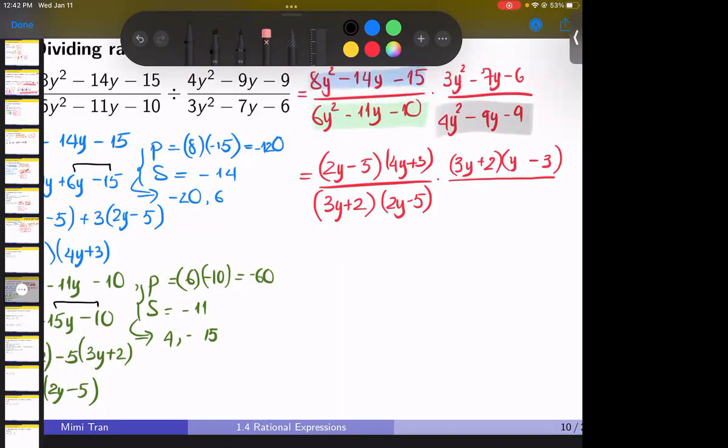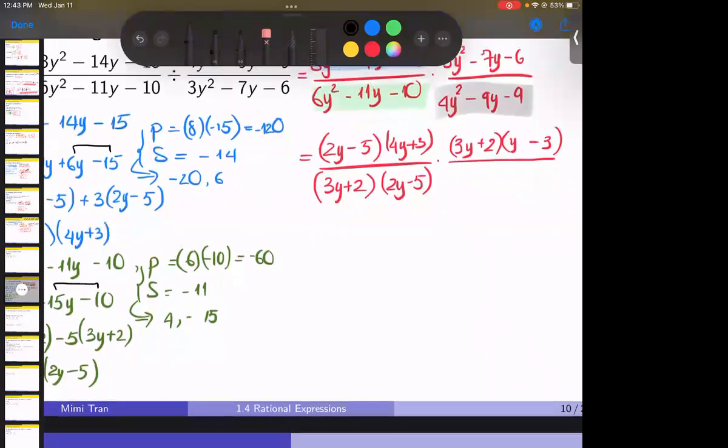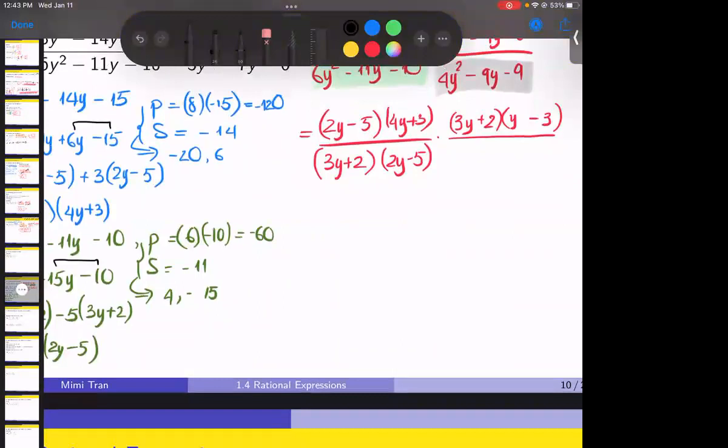Minus or plus? Hmm, I changed my sign. Let's see, because you need negative 9, right? You have negative 3 times negative 3, that's positive 9. But you need negative 9. Oh, right. Okay. So what happened to my pen?